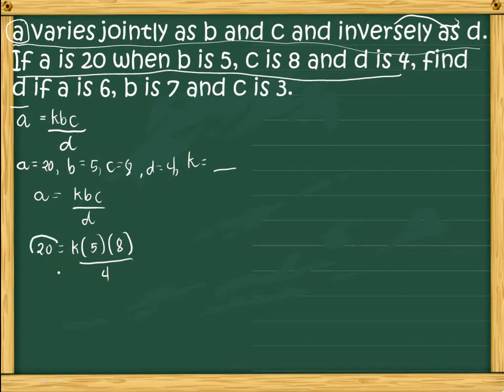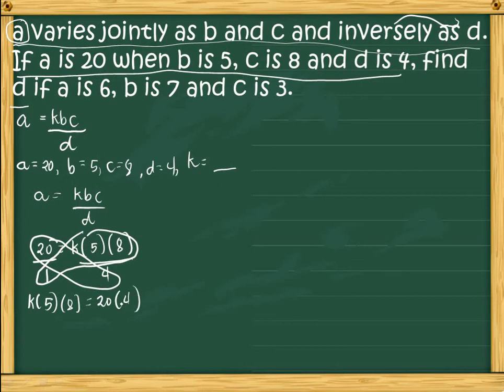Then apply cross multiplication. Again, take note the denominator of a whole number is 1. So this is 5 times k is 5k times 8 is 40k times 1 is still 40. Cross multiply. So we have here 5 times k times 8 is equal to 20 times 4.